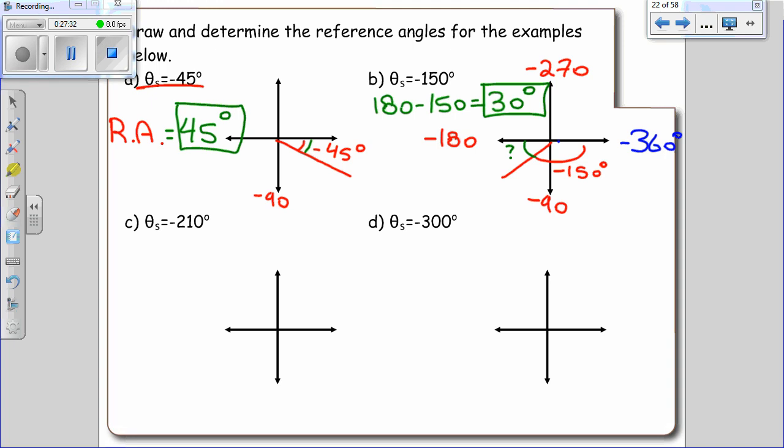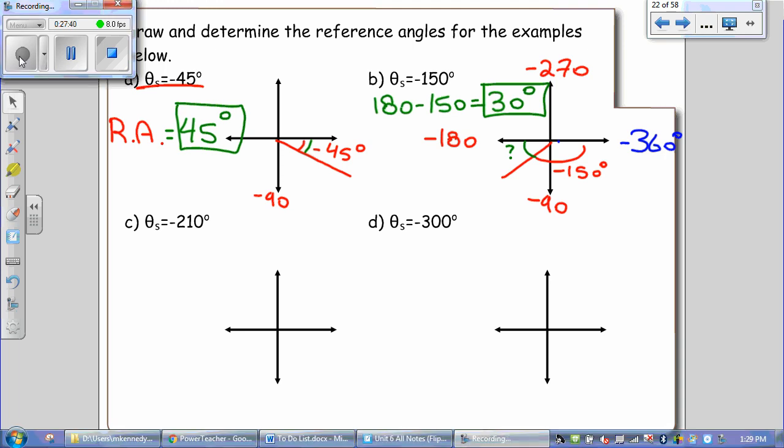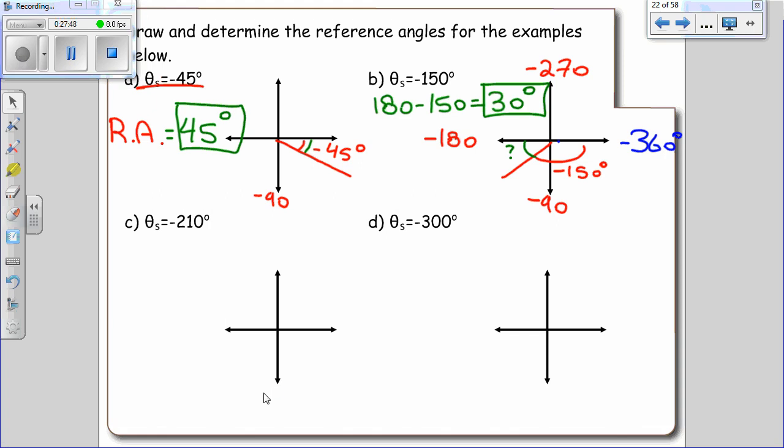We'll do C together. So if I want to be at negative 210, this is negative 90, negative 180, negative 270. My angle should be somewhere up there, in between negative 180 and negative 270.